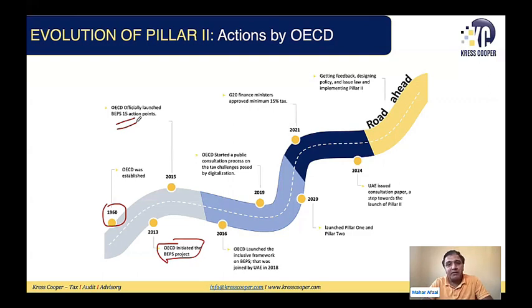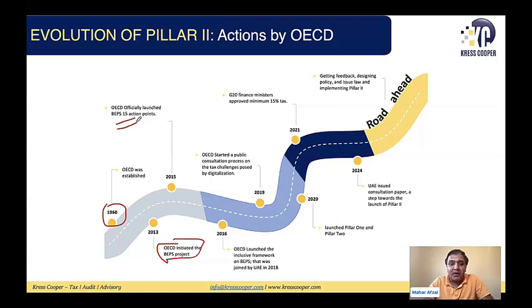But this framework needs cooperation from all countries across the globe, so that the OECD will be able to control base erosion and profit shifting of revenue from high tax jurisdictions to low tax jurisdictions. Since the OECD wanted to control it, it needed the support of the global community. To gain that support, the OECD set up the inclusive framework on BEPS.